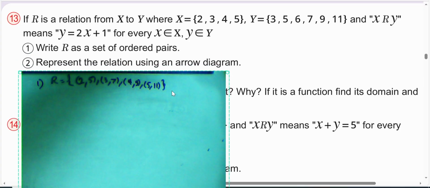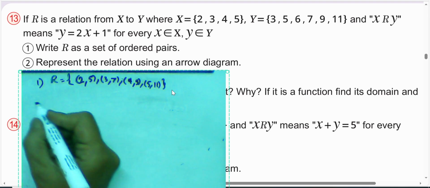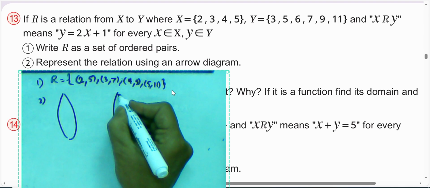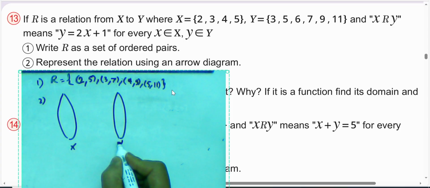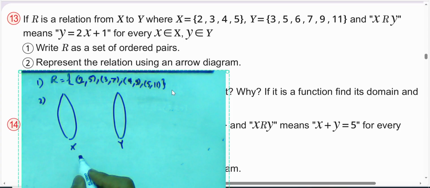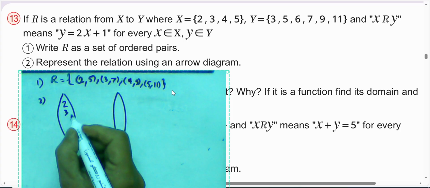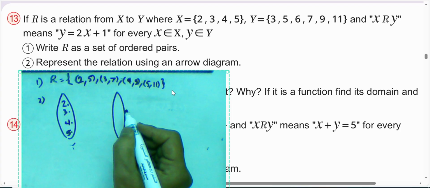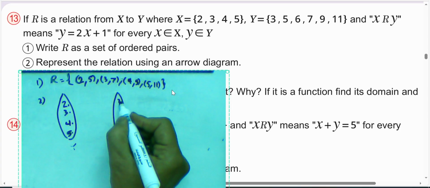Number 2: represent the relation by arrow diagram. Okay, an arrow diagram like this. We have x and y. X was 2, 3, 4, and 5.